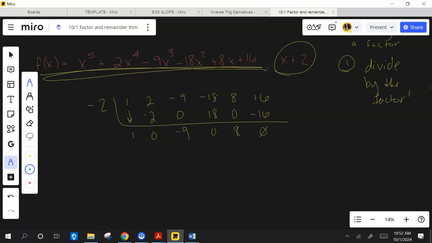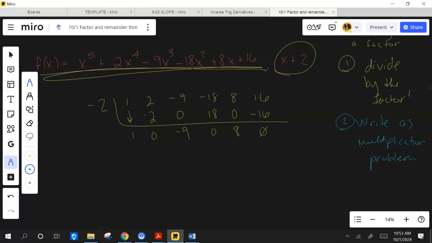All right, look. Write it as a multiplication problem. In other words, remember how if we said 6 divided by 3 equals 2? Then we could say 3 times 2 is 6. We're going to do the same thing here.